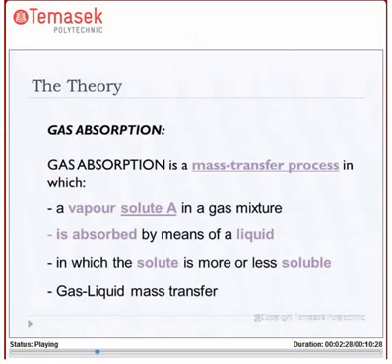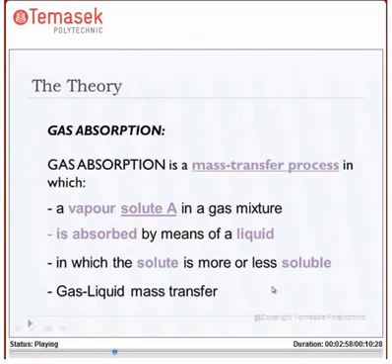Let's review the theory behind the operation of a gas absorption column. Gas absorption is a mass transfer process. Basically, a vapor solute A is mixed with another gas component. This mixed gas is allowed to come into contact with the liquid. As the gas and liquid phases contact, solute A is absorbed into the liquid as it is soluble.